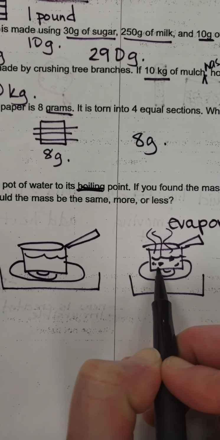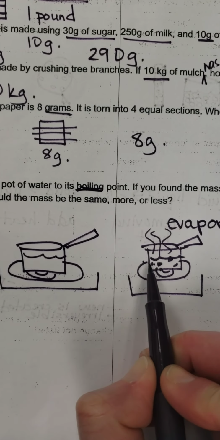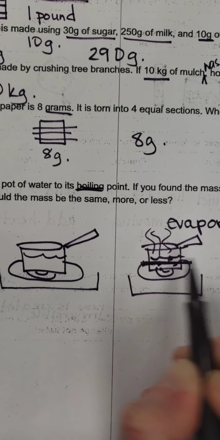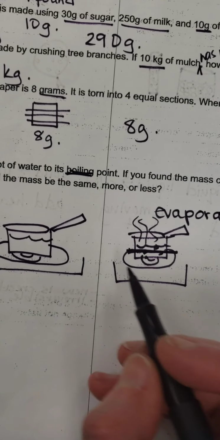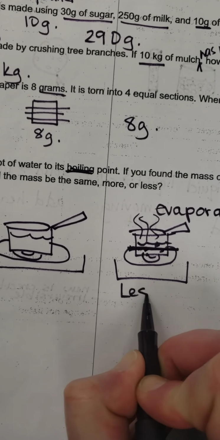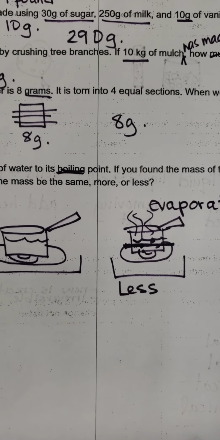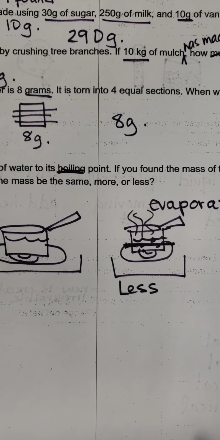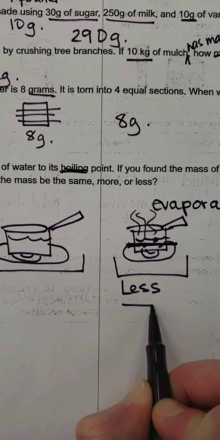So eventually, if I left this pot of water on the stove, my water level is going to go down. It's going to decrease because I've got water evaporating and changing into a gas. So this is going to be less. It's losing mass. The water is changing into water vapor. So I'm losing mass here. So we would find that the mass is going to be less. The mass is going to decrease.